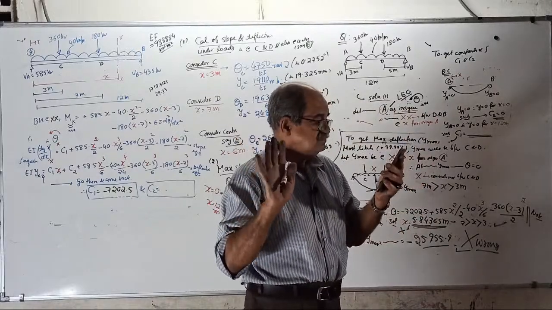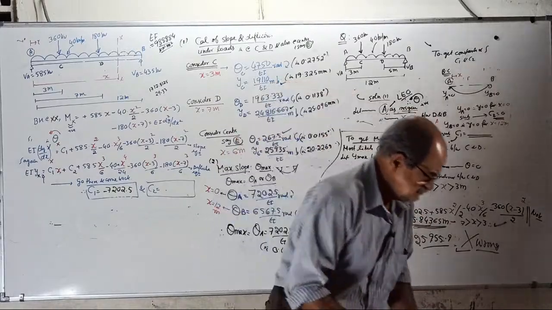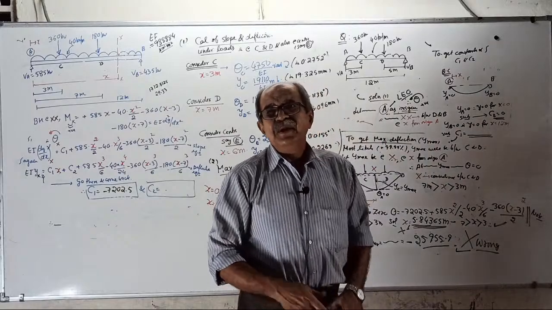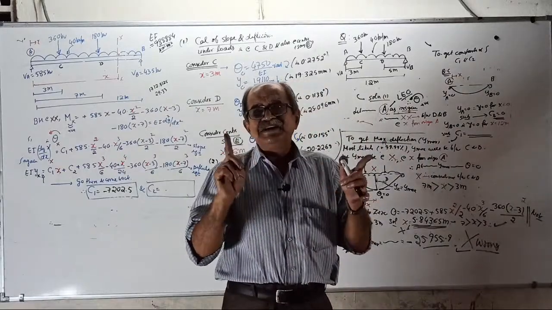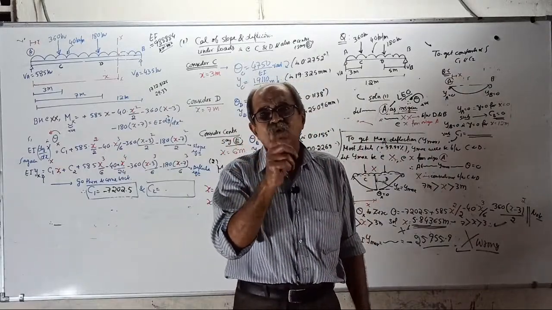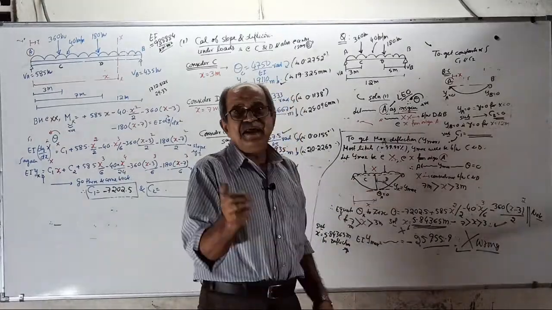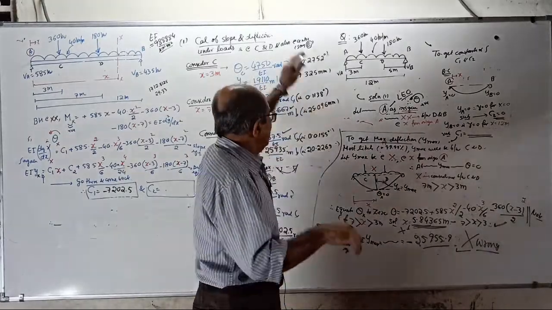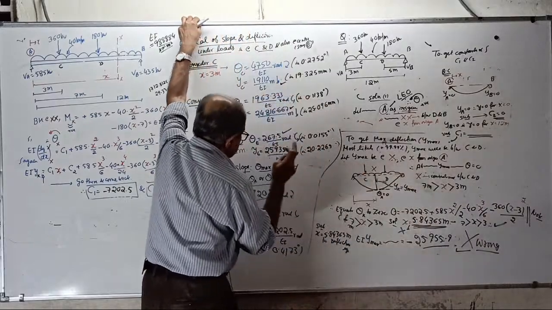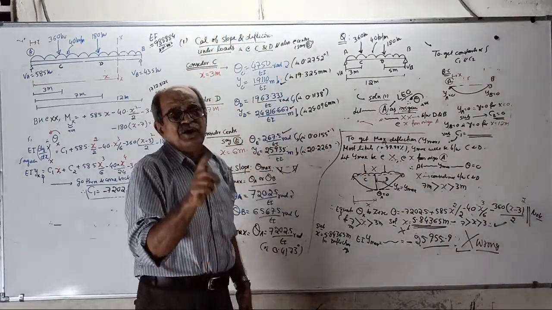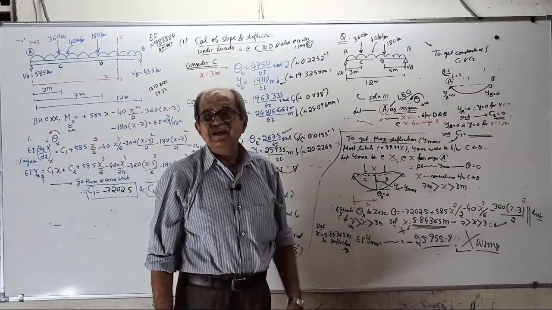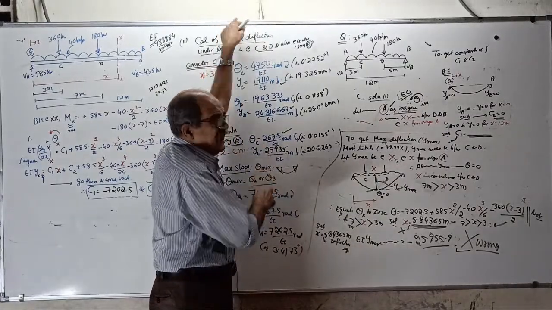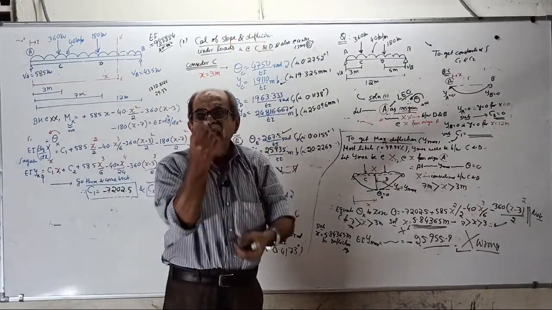Okay. I told you, my class mistake is possible only in calculation. Technically, if I tell this should come slightly more, it should come slightly more only. Very little more, minutely more.